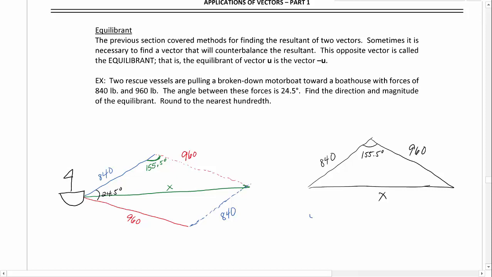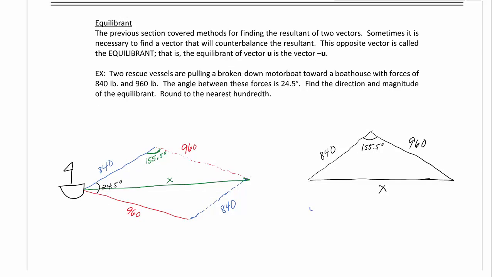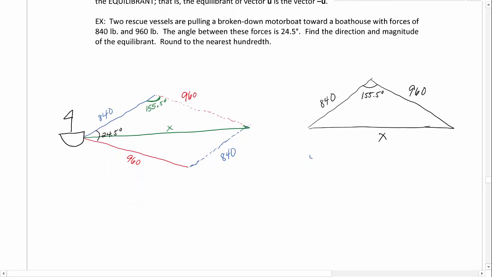Once again, we have two sides of a triangle and one angle. That tells us that we need to use law of cosines. So I think I'm just going to write x equals the square root, so I don't have to rewrite it this time.